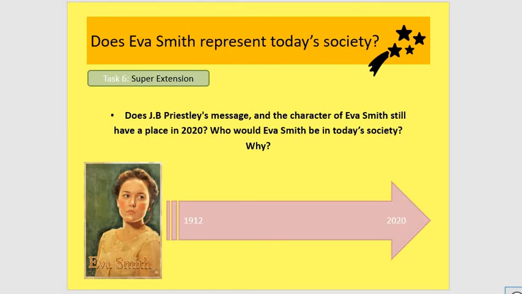You might be aware of issues with access to certain benefits, or the lack of access, and how that affects people, particularly if you're a single parent and you have a family to feed. So she wasn't a parent at the time, but she certainly became pregnant and then needed help. So does it have a resonance today? Can we find characters like Eva Smith in today's society?